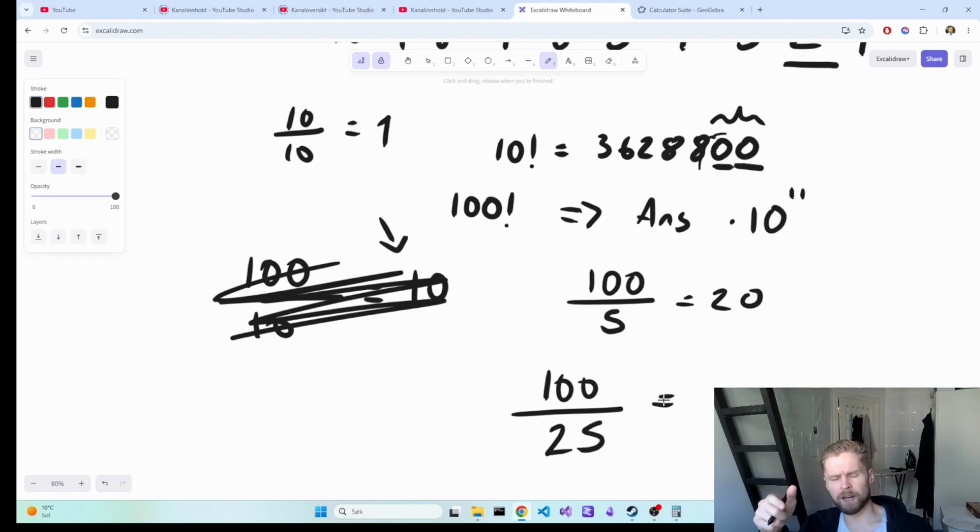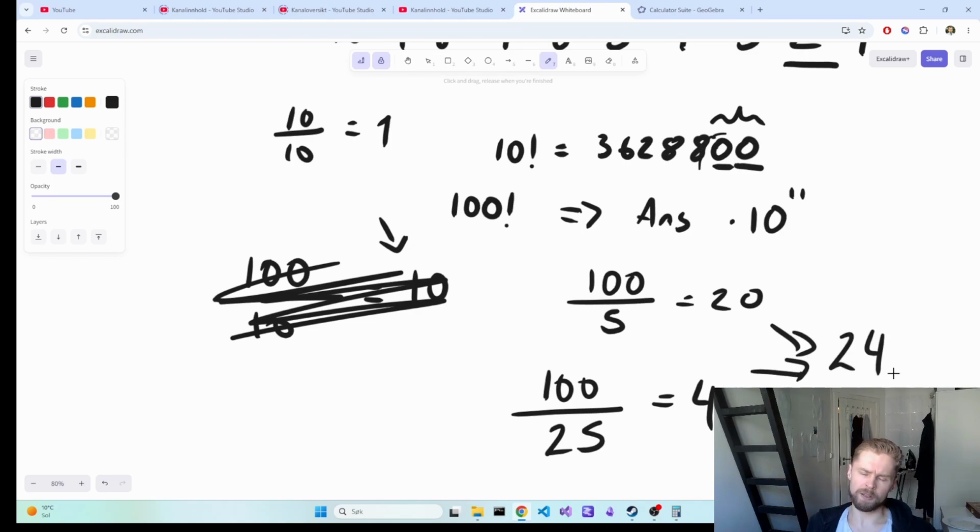Because if I divide by 5, I am counting 25, 50, 75, and 100 in those 5s, but those 25s have another factor of 5 in them, so I gotta count those as well. So this is gonna be 4, and then it says let's combine these, and 24 is the number of zeros.